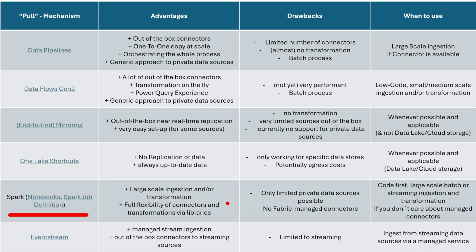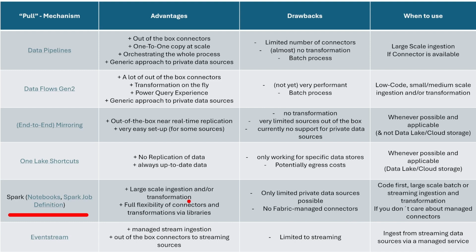A limitation is that you use a compute which only runs in your Microsoft Fabric environment, so you are limited when you have to access private data sources. This can be a little bit tough. And you're not using Fabric managed connectors, which come with the platform itself with an SLA behind them.